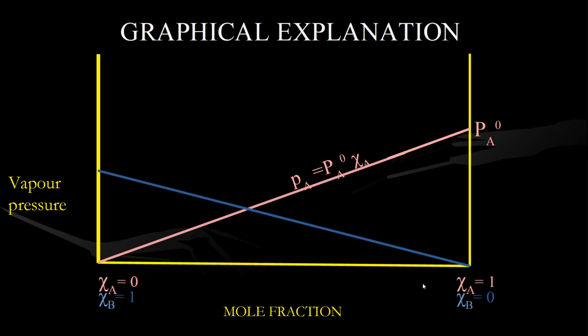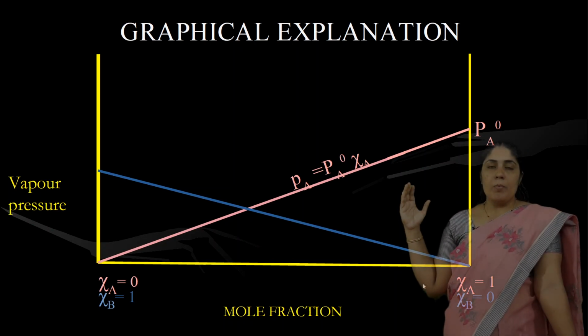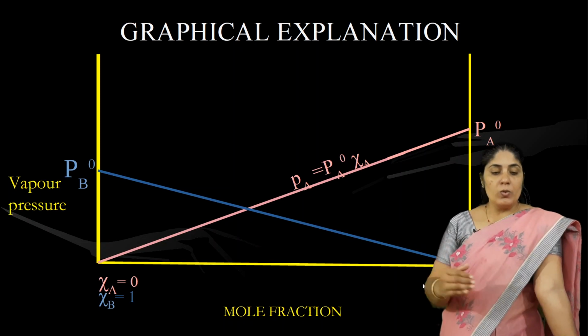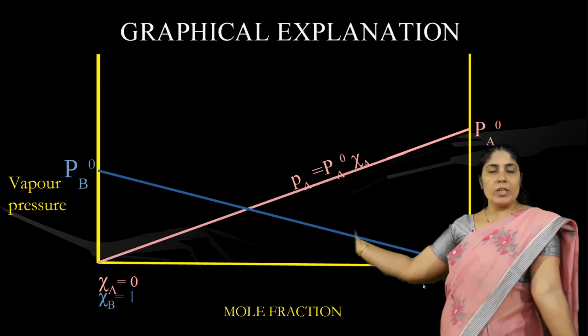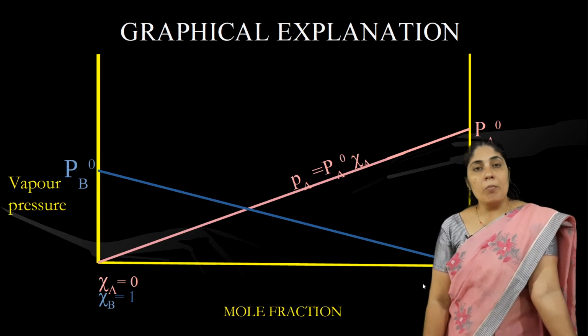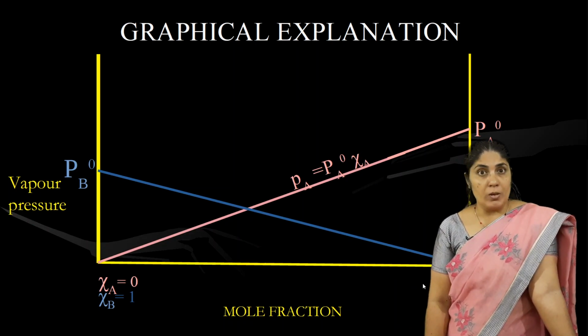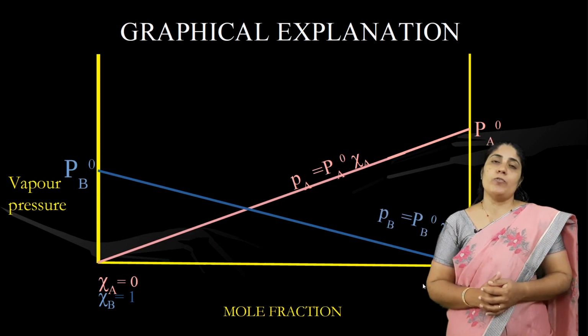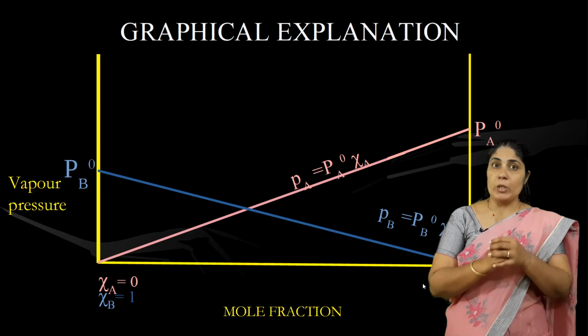Now, coming on to the graph, let's consider the graph for the second component alone. So the graph will be like this. You can see the blue line here, it shows the Raoult's law effect on the second component. At the extreme left side, PB0 marks the vapor pressure of the pure component B. Now we are considering a solution of these two volatile miscible liquids.